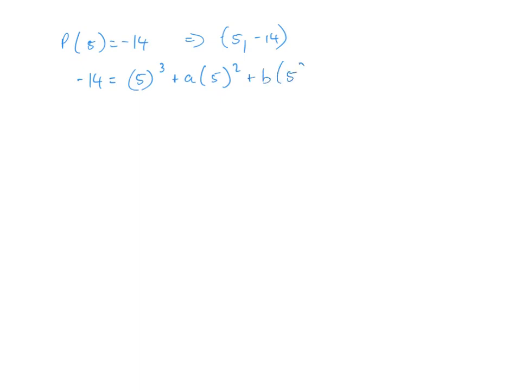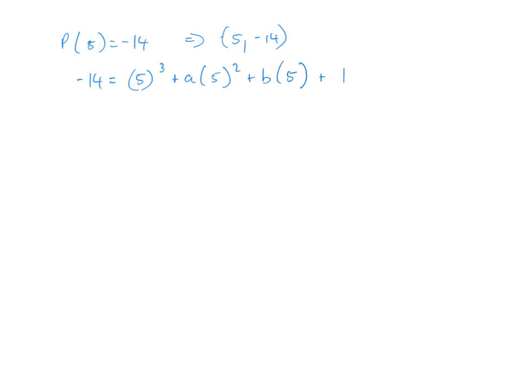So what are we doing here? Let's use the first point, which was p(5) equal to -14. If I write that as a coordinate, it is the same thing as when x is 5, y is -14. I'm going to substitute that into my p(x) equation. So I get -14 is equal to 5 cubed plus a times 5 squared plus b times 5 plus 1.